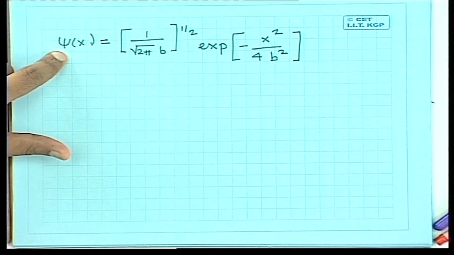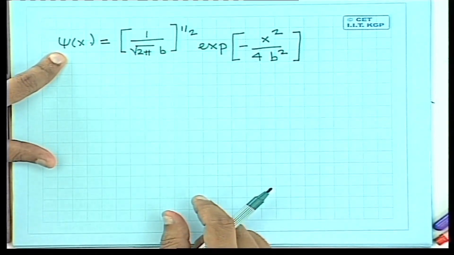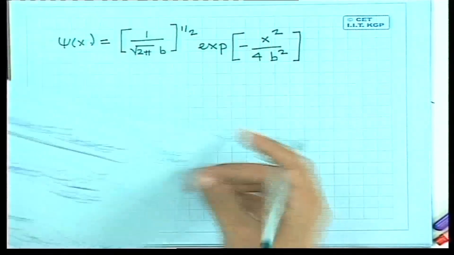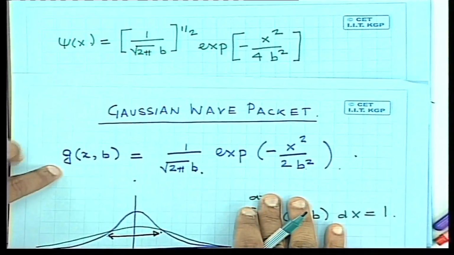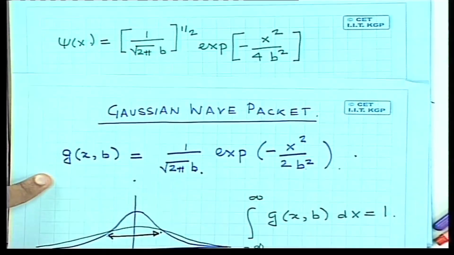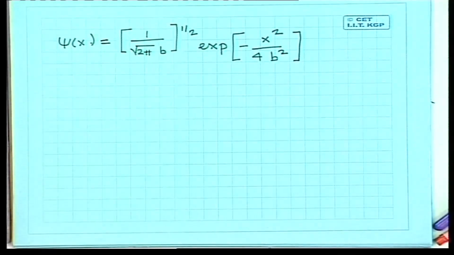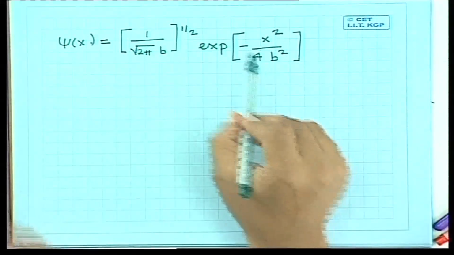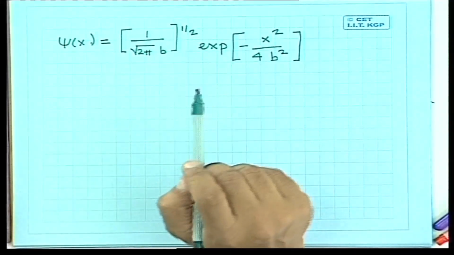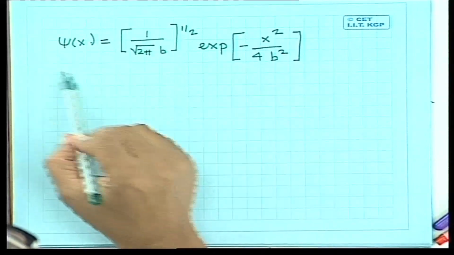The mod square of this is the probability, which is nothing but the Gaussian over here, and this is the square root of this. So we now want to consider a wave function which looks like this, which is a Gaussian. This is what is called a Gaussian wave packet. At t equal to 0, the wave function looks like this.